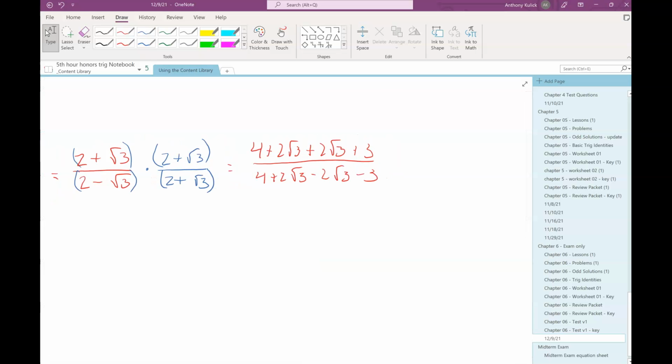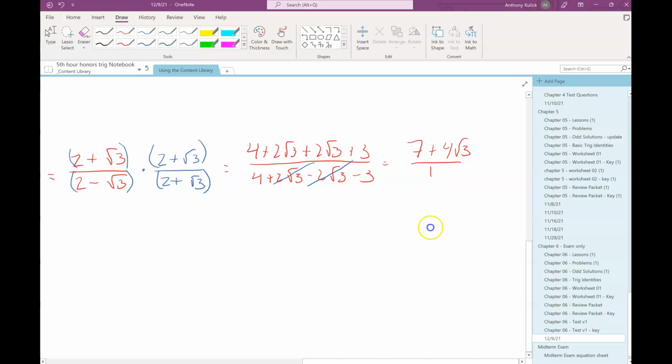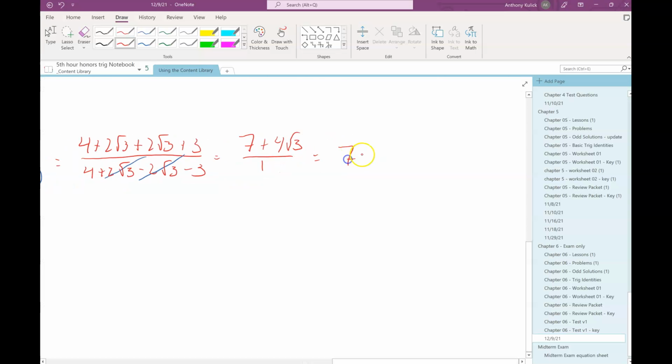Now, if we combine like terms, in the denominator I have a positive 2 root 3 and a negative 2 root 3, so those combine to give us 0. And then I have 4 minus 3, so that's just going to be a 1 down there. In the numerator, 4 and 3 is 7. 2 root 3 plus 2 root 3 is 4 root 3s. And really, we don't need that 1 there. We can just write our final answer as 7 plus 4 root 3.